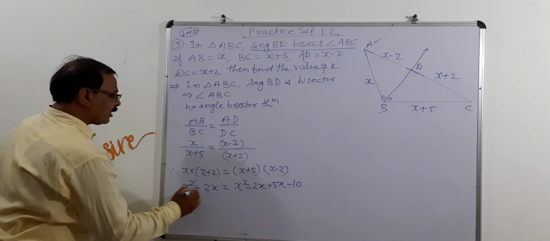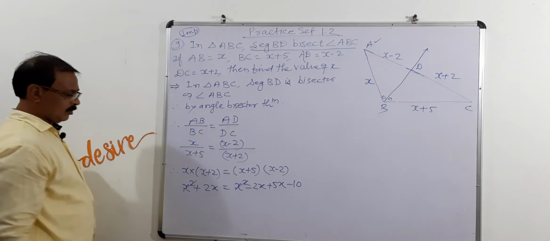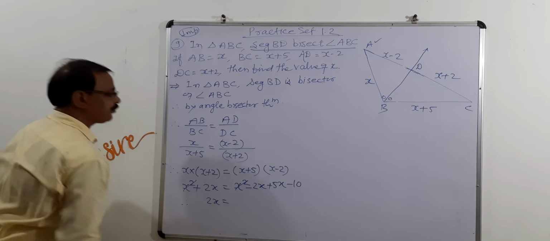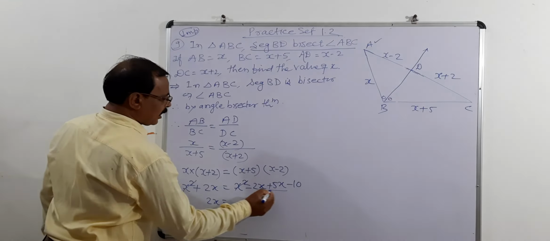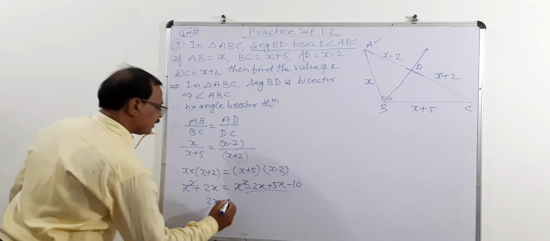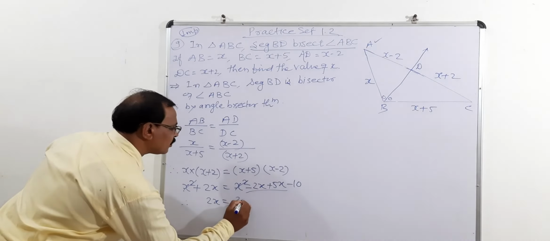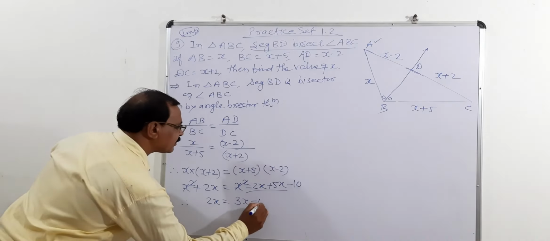Here x square and x square get cancelled, common. Therefore, 2x is equal to addition of minus 2x plus 5x, that is equal to 3x minus 10.